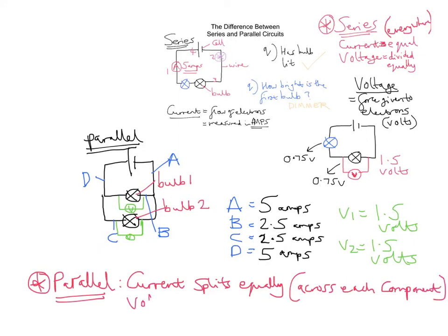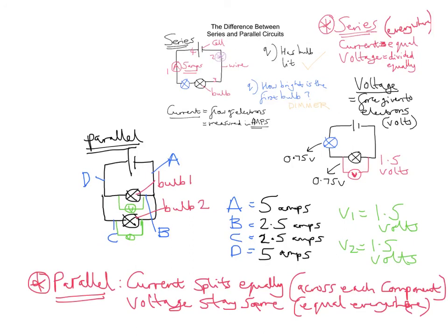Whereas the voltage in a parallel circuit stays the same. So I could just write, like I did at the top right, equal everywhere. So 1.5 volts across bulb 1, 1.5 volts across bulb 2, so it's equal across each component.